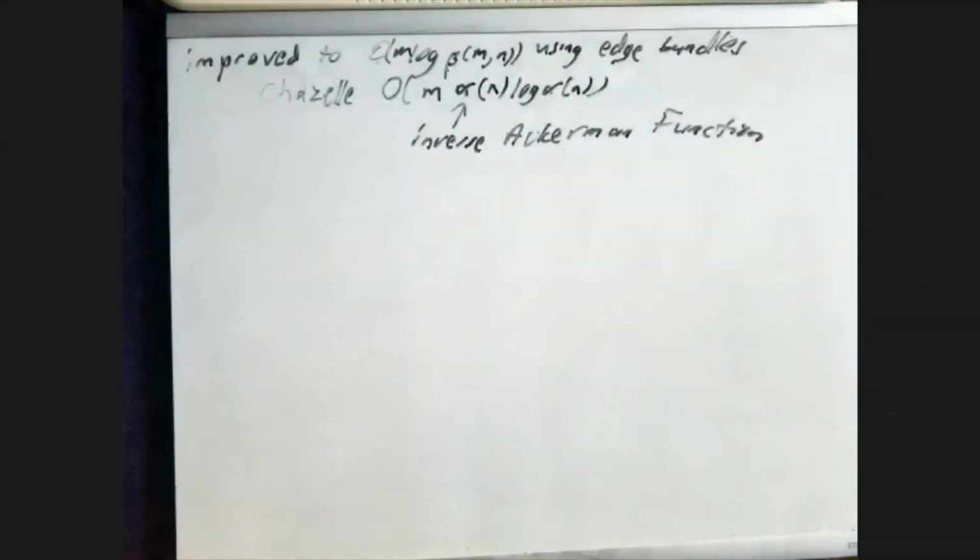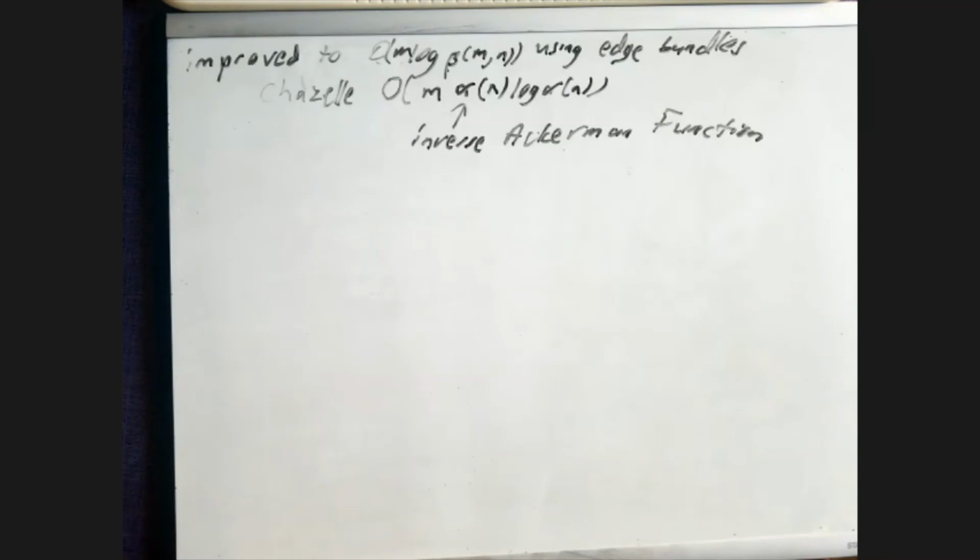The Ackermann function is one of those crazy functions that grows so fast that it only shows up in computability theory. The inverse is so tiny that it's like 4 for the number of particles in the universe, right? So at this point, we're outrageously close to linear, but we're still not quite linear.